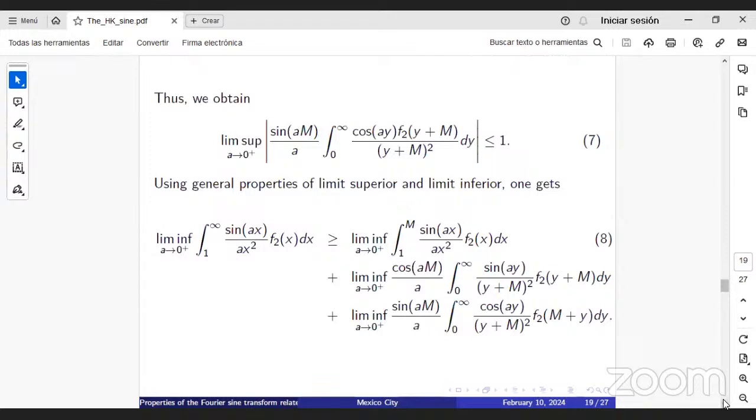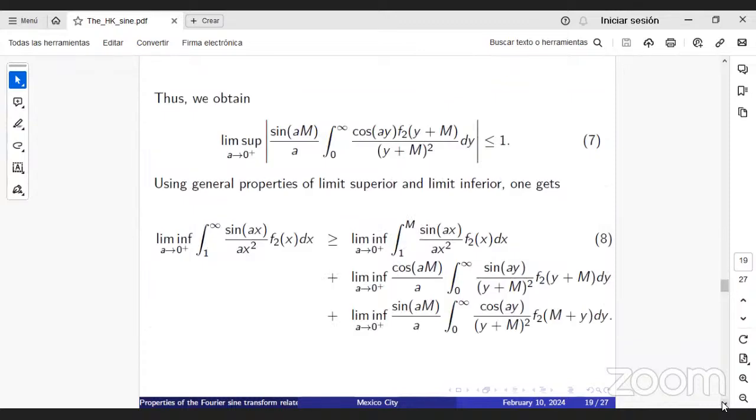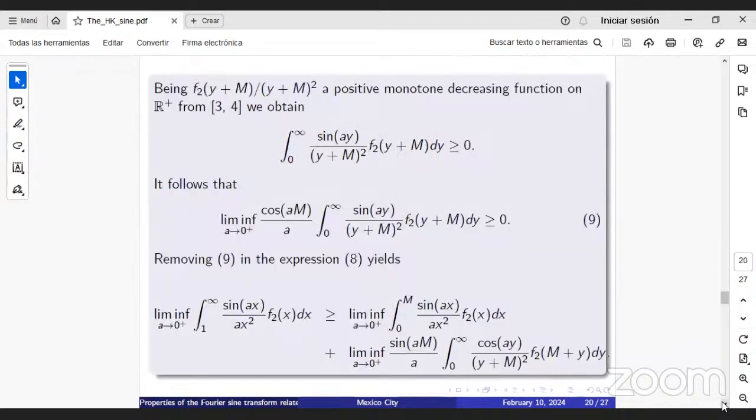Thus, using the properties of the limit superior and limit inferior, one gets the following.